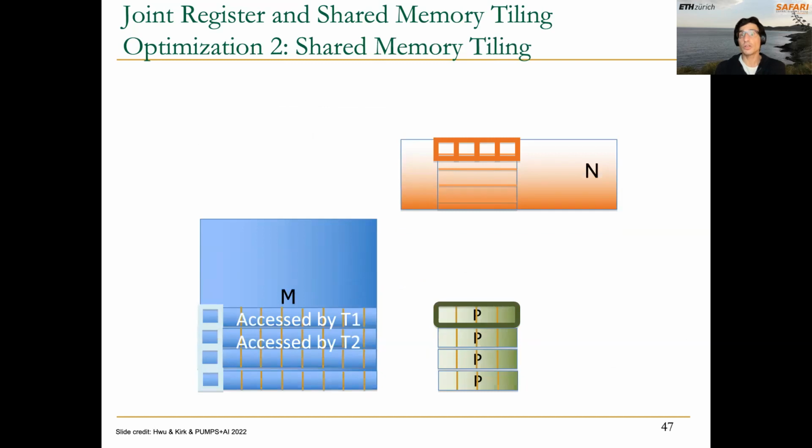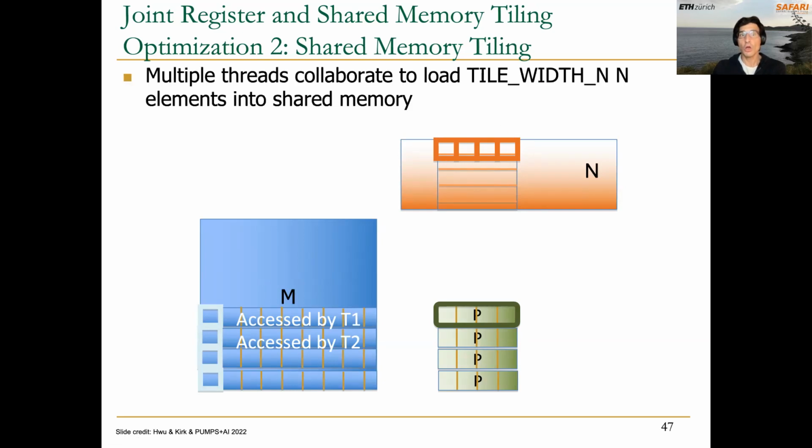Now the second optimization is shared memory tiling, because we store one entire tile of matrix N into the shared memory. We are going to have multiple threads of the thread block. Remember that in this example, we are using 4 threads in the block that will calculate this horizontal strip, thread 0, this horizontal strip, thread 1, this one, thread 2, and so on.